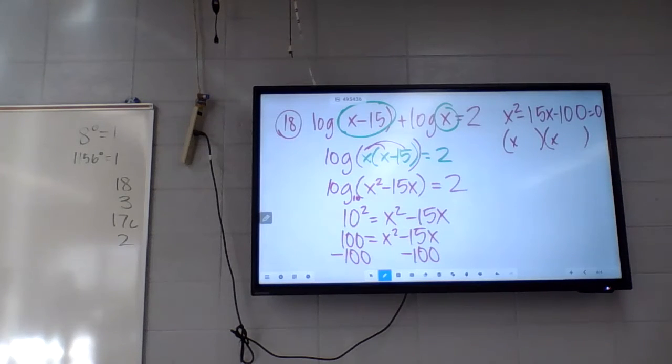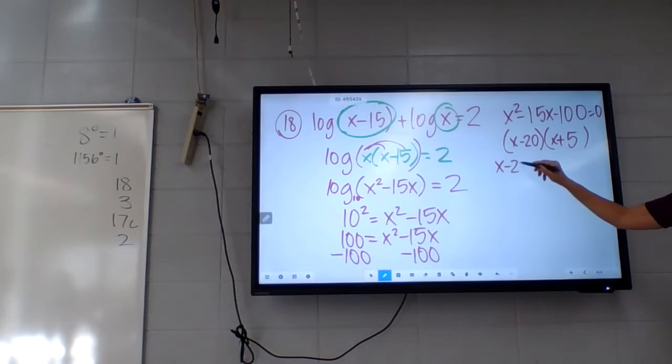I want numbers that multiply to negative 100 and add to negative 15. What do we get? 20 and 5. I believe so, right? Negative 20, positive 5 will multiply to give me a negative 100, but add to give me a negative 15.